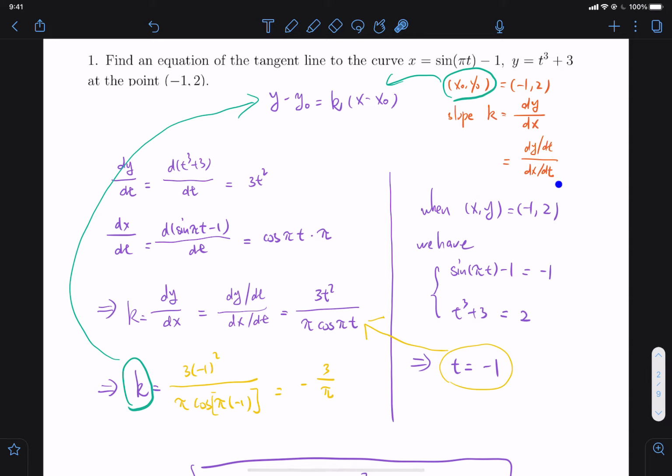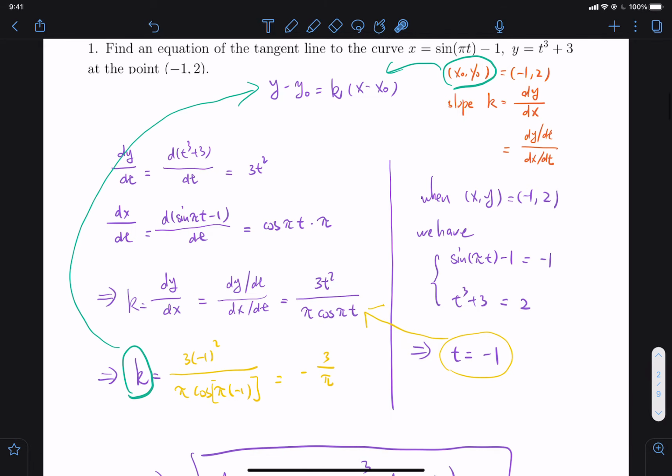So now let's work on them. dy/dt is d of this over dt, which is 3t squared, and for dx/dt, x is this one, so we have cos(pi t) times pi, very simple. Now we take the division of them, so k is equal to 3t squared over pi cos(pi t).